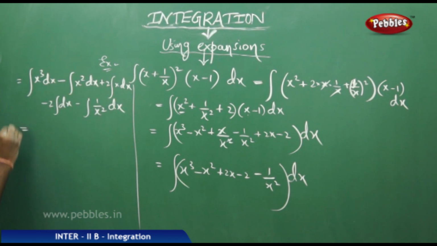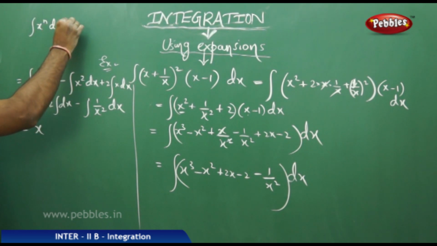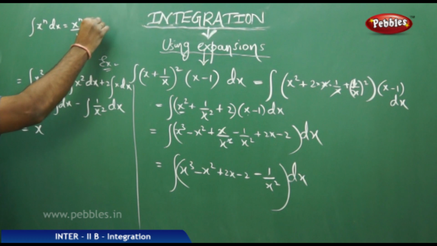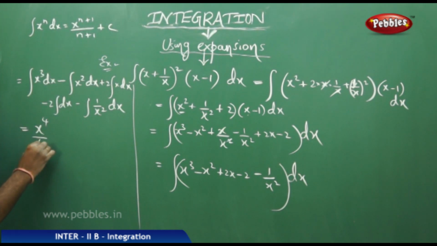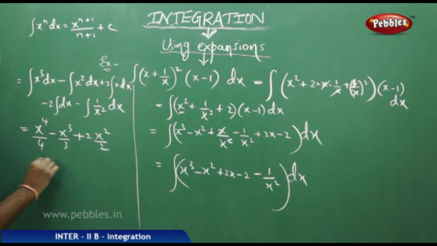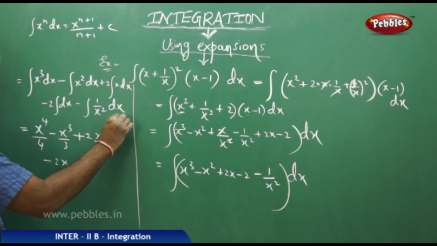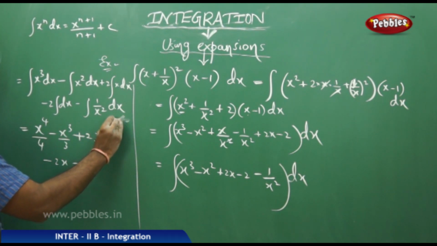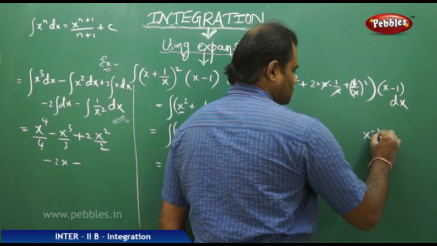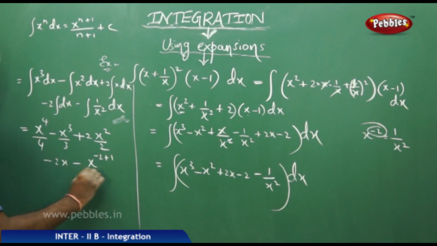Now integral x cubed is, using the formula x power n, x power n plus 1 by n plus 1. This is x power 4 by 4 minus x cubed by 3 plus x squared by 2 minus 2x minus integral 1 by x squared, which I can write as x power minus 2, where n is minus 2, so I get x power n plus 1 by n plus 1, plus c.